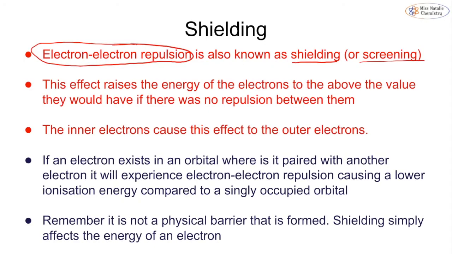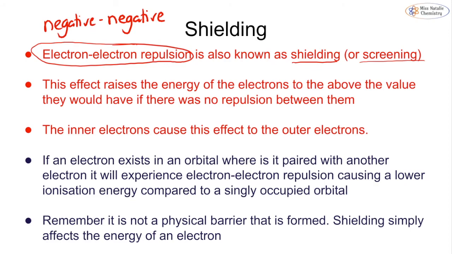What it actually is, is a repulsion between a negative and negative charge. Remember, like charges don't like to be near each other, they will repel each other. So we're going to use the term electron-electron repulsion. And what this actually does is it raises the energy of the electrons to above what the value would be if there was no repulsion.